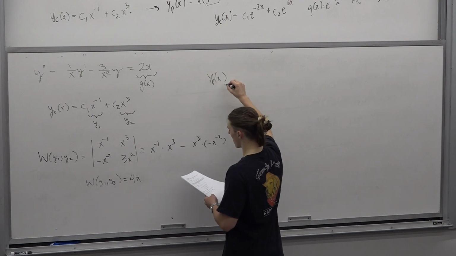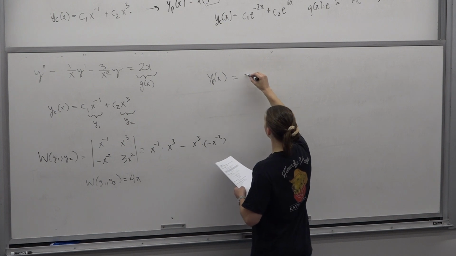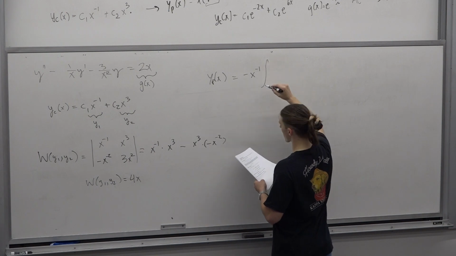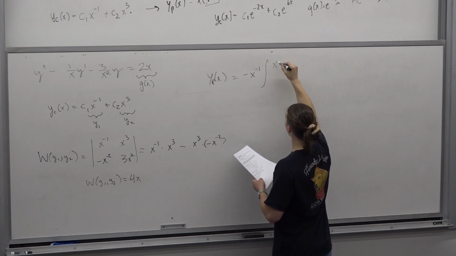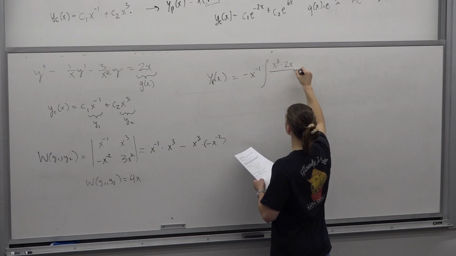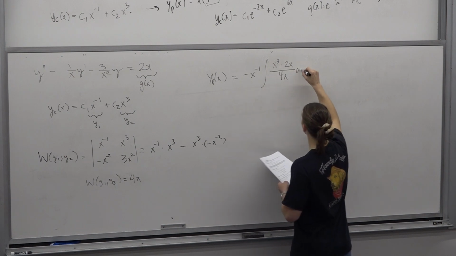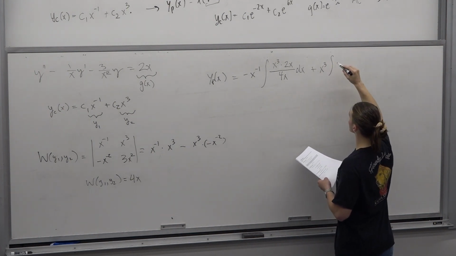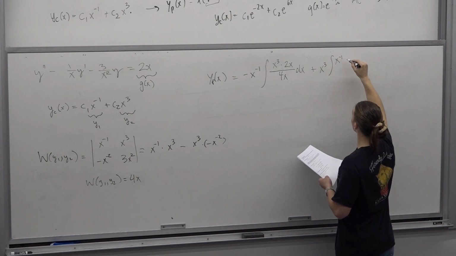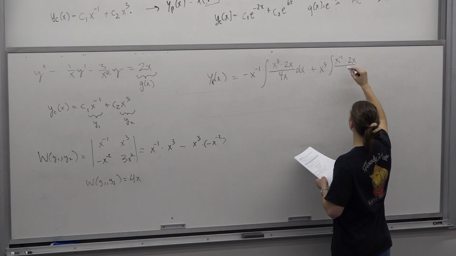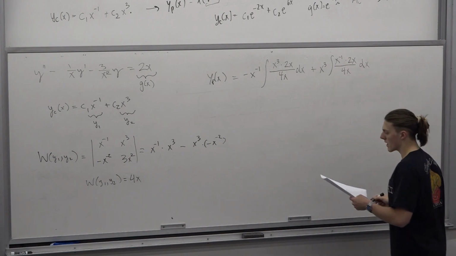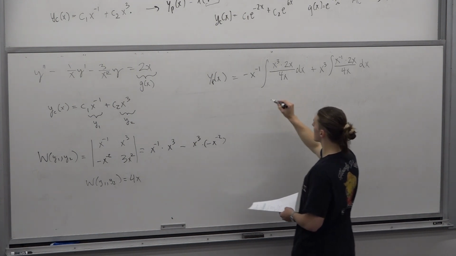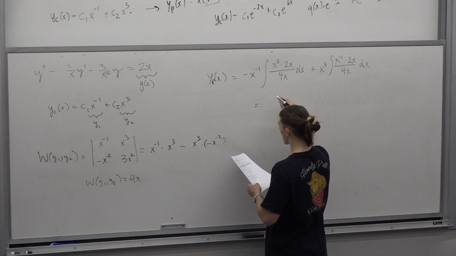Our particular solution will be negative y1 times the integral of y2 times g of x all over the Wronskian, plus y2 times the integral of y1 times g of x all over the Wronskian, and these integrals are way easier than the ones we had before. So simplifying a little bit, we get something that looks like this.